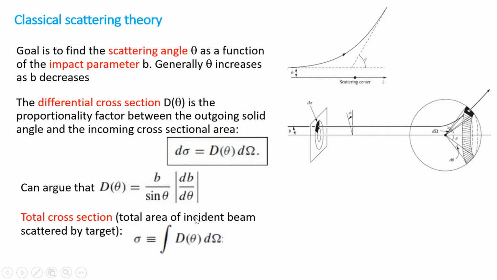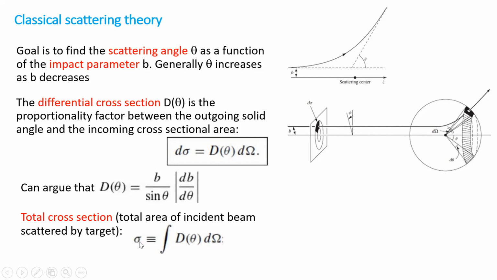The next thing we can look at is the total cross section, which is the total area of the incident beam which is scattered by the target. It's the total amount of area of the beam that's impacted by the target as it passes by, how much of it is actually deflected.